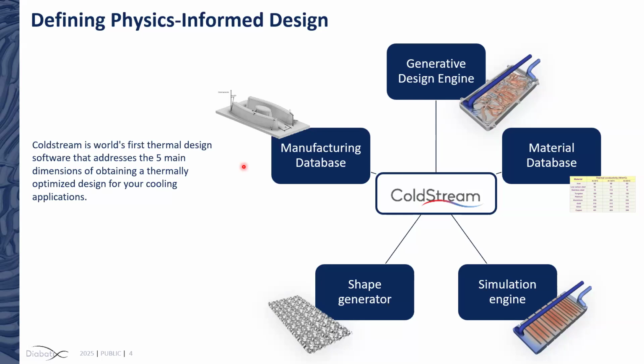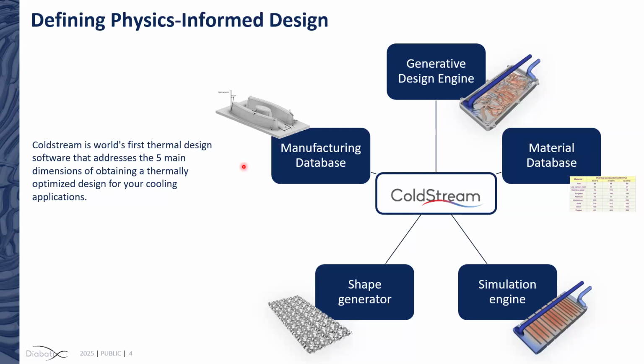Then the next bit that we have is the shape generator. I would say this is also one of the most critical aspects of Coldstream. The reason being, as I mentioned earlier, in the early stage of product design we need a fast concept evaluation process and exploration of design as easily and efficiently as possible.